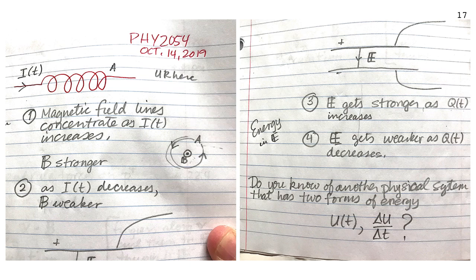So when the field lines concentrate, the B is stronger. This is comment number 1. And comment number 2: as I of t gets weaker, the vector B, the magnetic field, gets weaker, still going in the same direction.